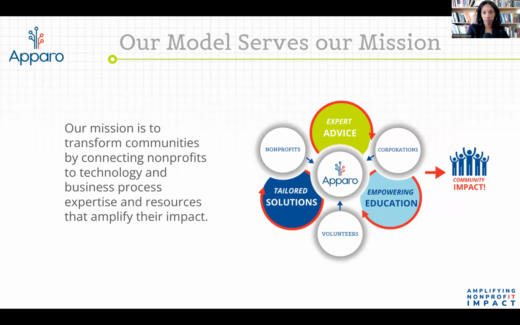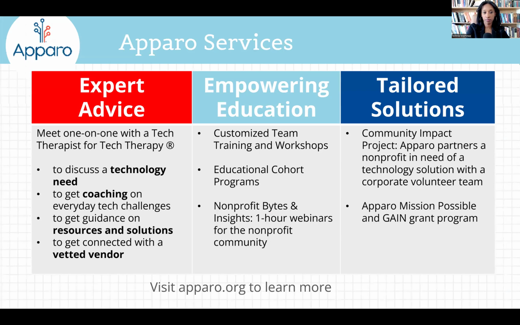And really quickly, for those of you who are new to Aparo, we are a nonprofit ourselves. We're based in Charlotte, North Carolina. And essentially what we do is we help other nonprofits with any of their technology needs and challenges. We do offer a wide range of services to help support nonprofits. The one I want to talk about today is around our community impact projects because we're going to be talking about donor database.